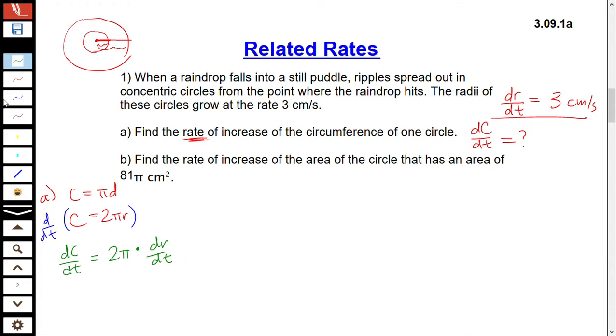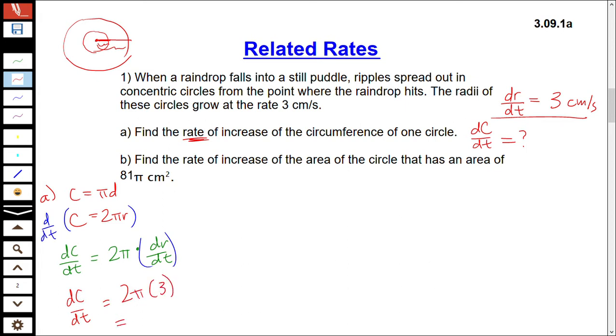Okay. And we are looking for dc over dt, so we have to sub this part in. I know my dr over dt, that's going to be 3. So I'm going to sub that in here. So dc over dt is going to be 2 pi times 3.